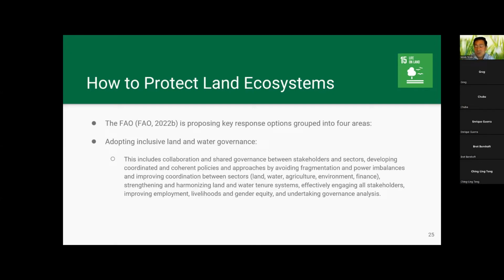Because you have a lot of stakeholders: landowners, farmers, people who control the water, agriculture, the environment, people who control the money, the governments and so on. So they might all have different objectives.